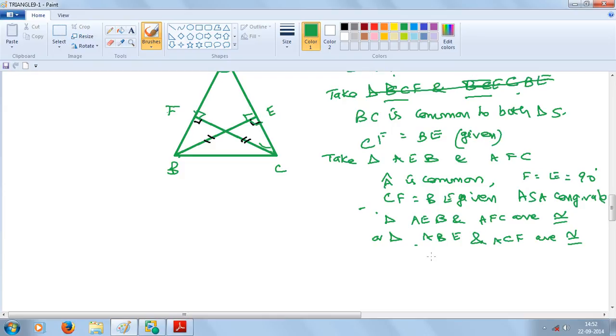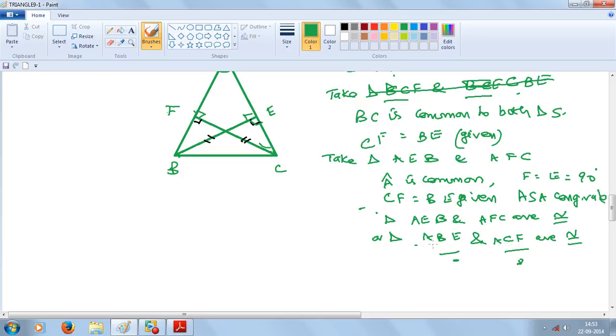See, note, if you change this order also, now we can check the answer this way. How? See here, CF is equal to BE. In that order it should come. Angle F is equal to angle E, should be in the same position.